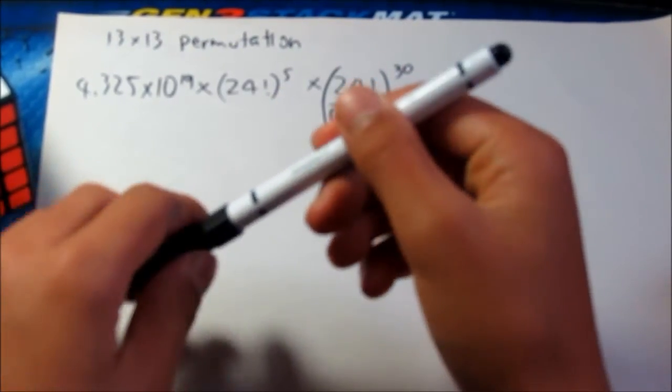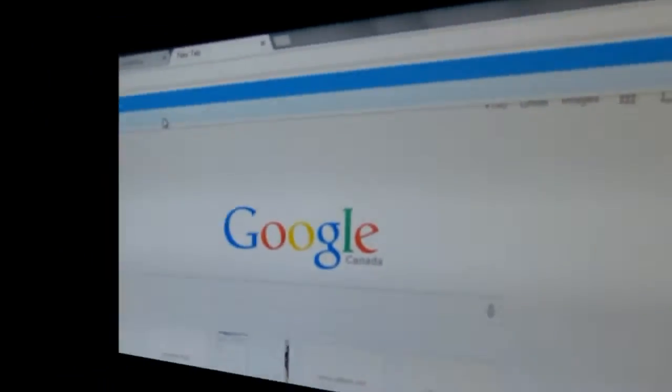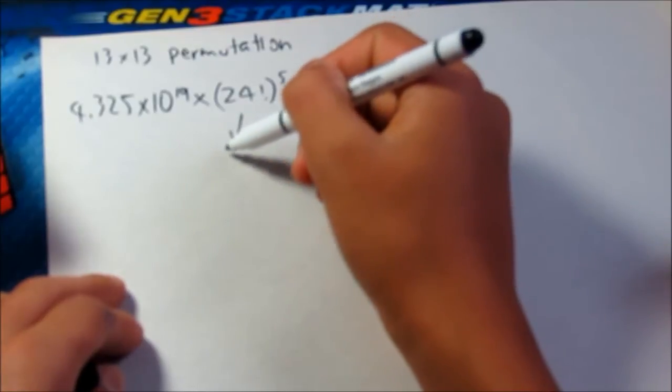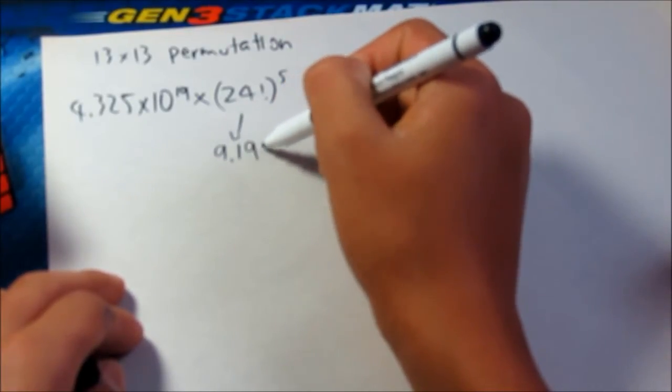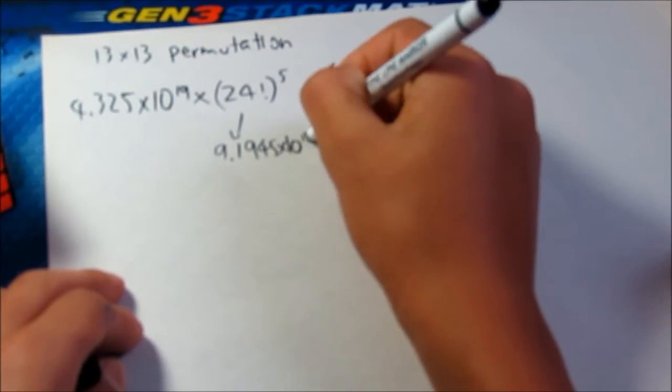So if you work this number out, 24 factorial to the power of 5, that will equal 9.194 E plus 118. So let me write this down. This number now becomes 9.1945 times 10 to the 118.